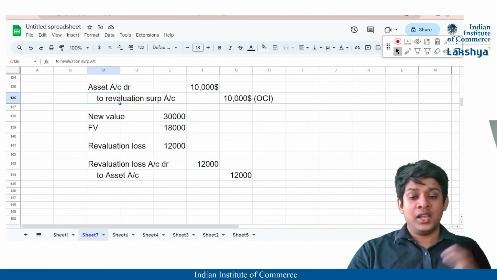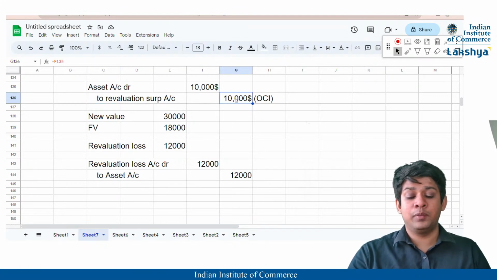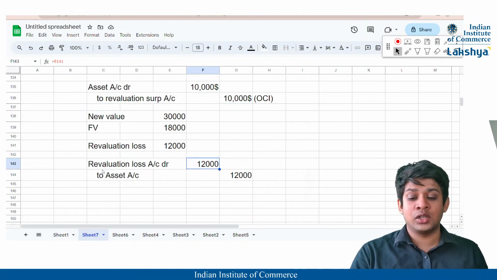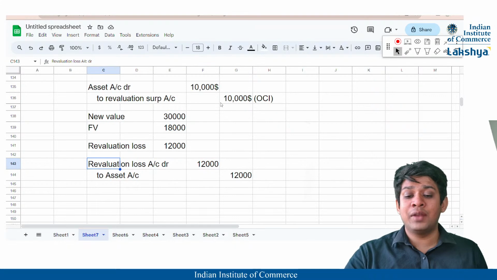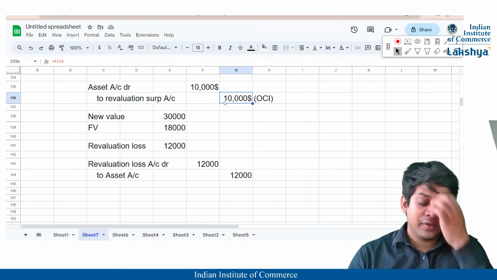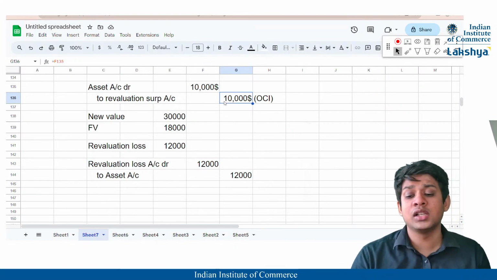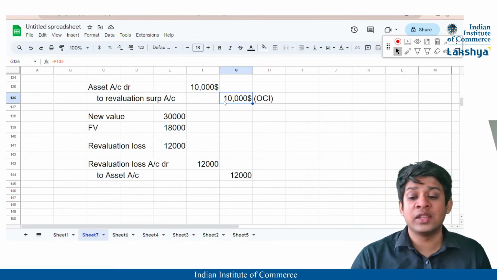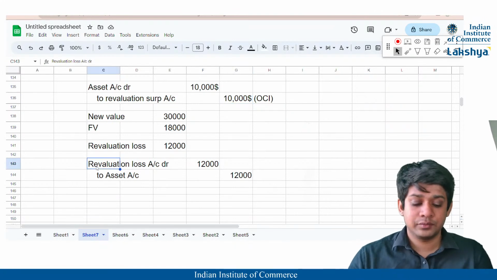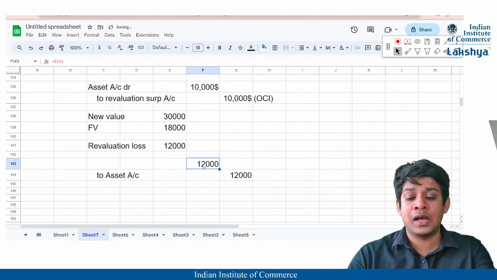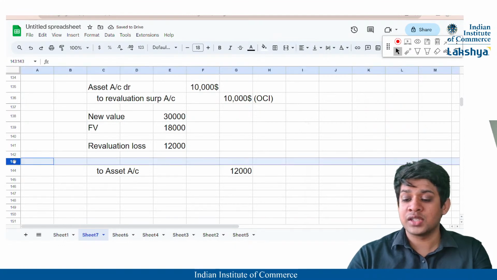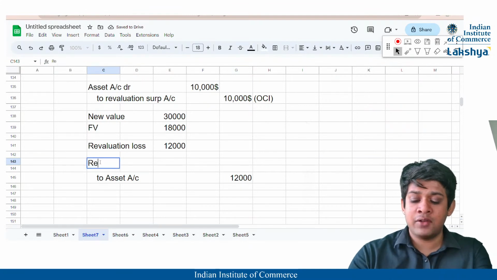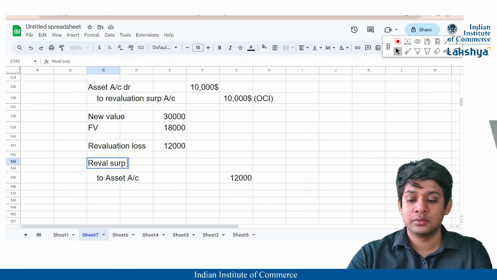So if in the previous year the asset had a surplus of $10,000, and in this year it has a loss of $12,000, first I will have to eliminate this $10,000. That is because if I have a loss, I cannot have a surplus with that. So the journal entry that I will pass is simply, first I will remove my revaluation surplus.